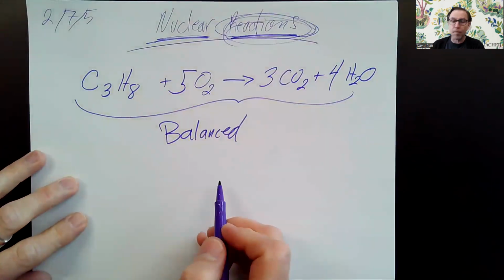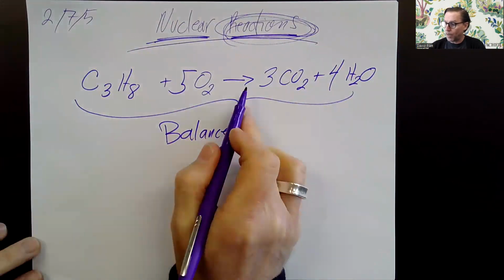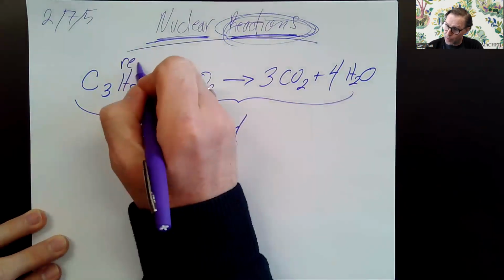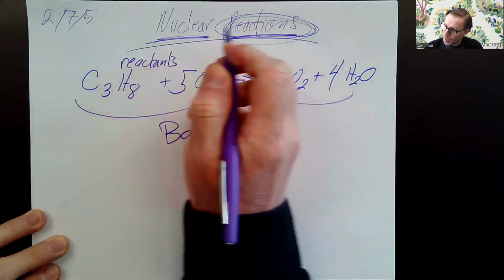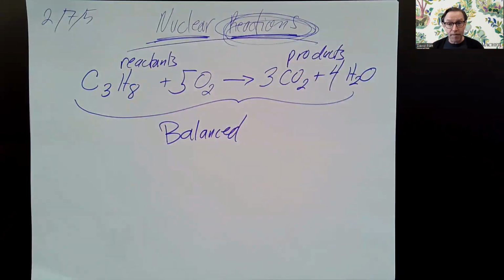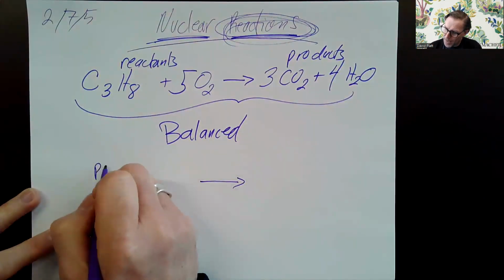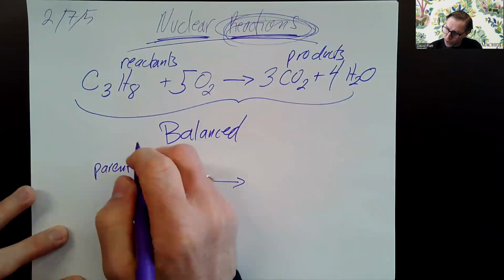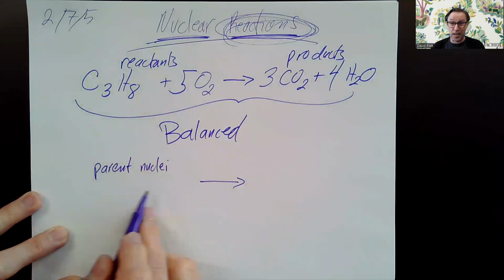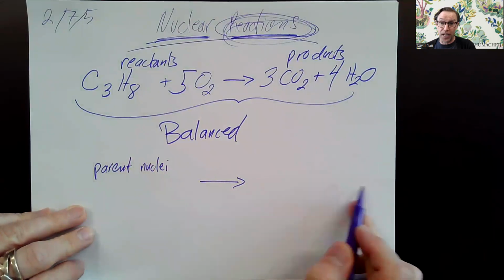And we're going to be doing some reactions in this section where we have a little arrow in the beginning and we say stuff turns into other stuff. So we could call these things reactants and products. Often in our nuclear reactions, we talk about our parent nuclei, the nuclei that are there at the beginning, and then we talk about our product nuclei.